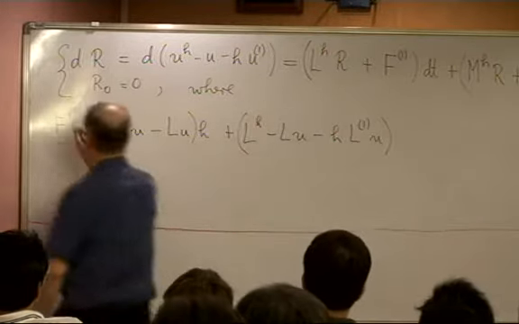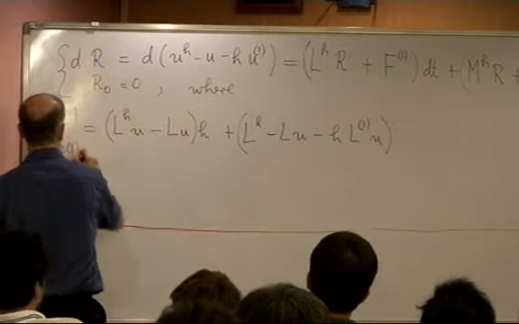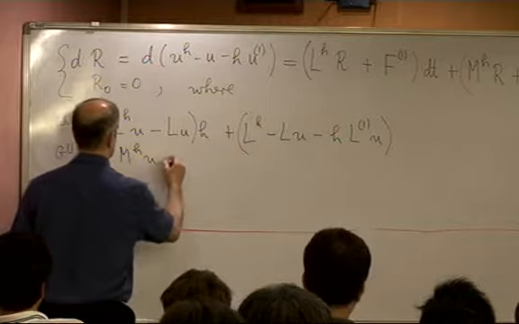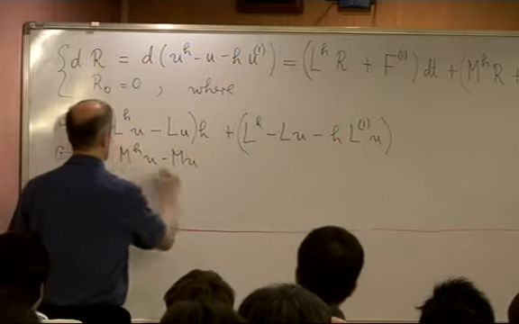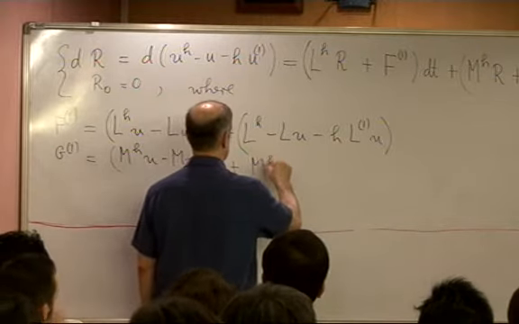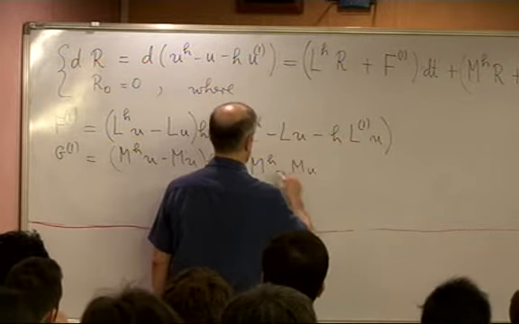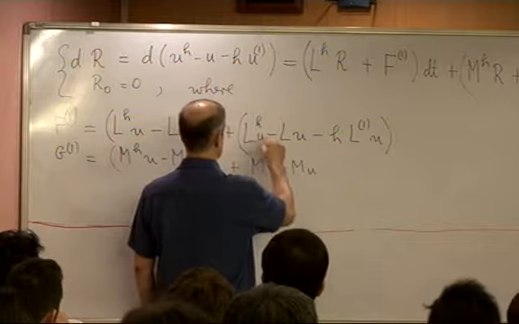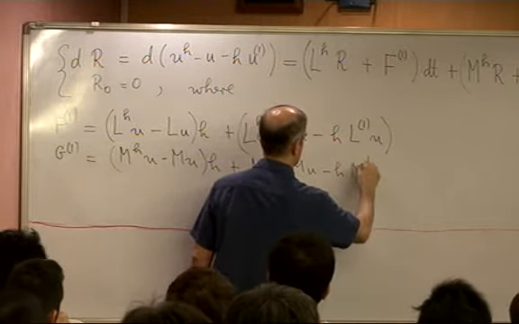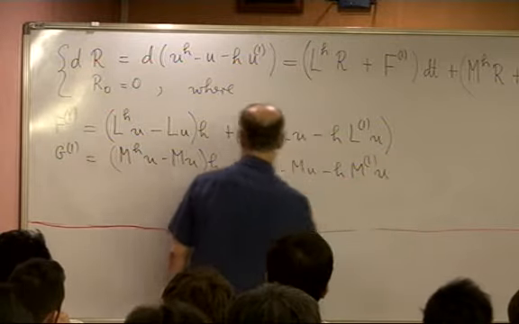Similarly, the G1 is MHU minus MU times H plus the similar expression MH minus M. So here the U minus H M1 U.